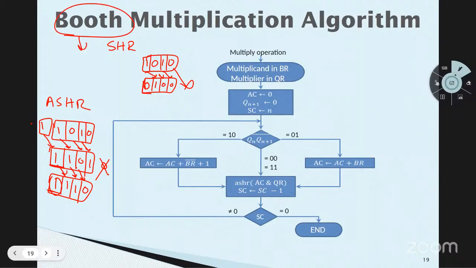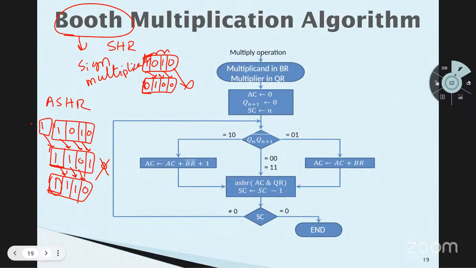The Booth multiplier can be used for the signed multiplication.